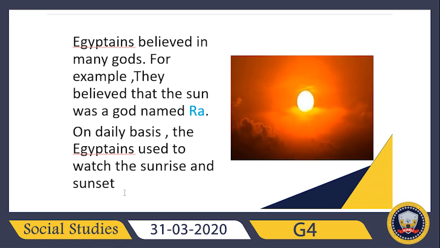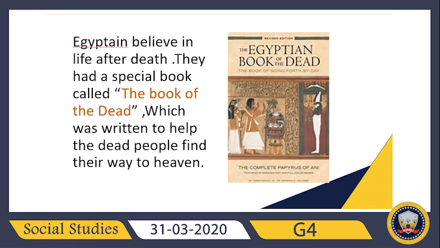They looked when the sun came out, and they looked when the sun went down. They bowed for the sun. They went on their knees and bowed for the sun. So they believed the sun is their god, and they named it Ra. So let's check the other ones.